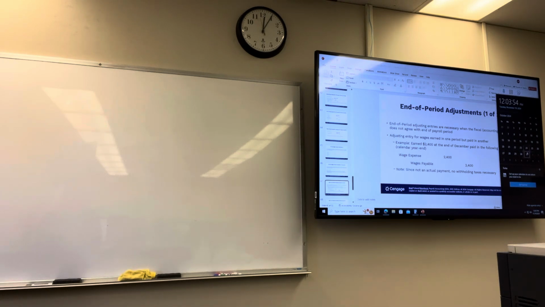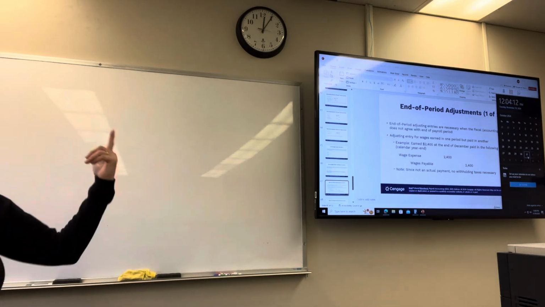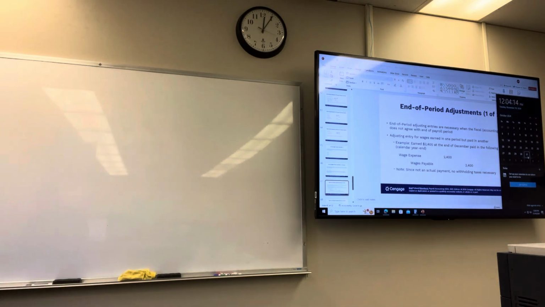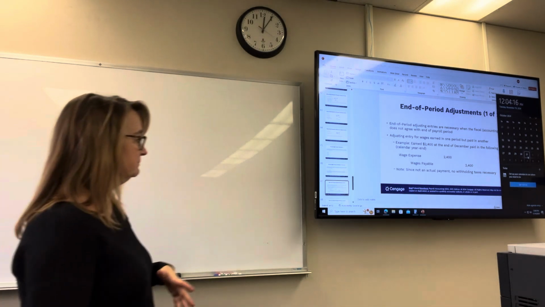Well, that means at the end of October, we have $9,000 of wages accrued that we have not paid yet. They're not going to be paid until maybe the following Friday. So we've got to accrue those wages to account for the expense in the correct accounting period.